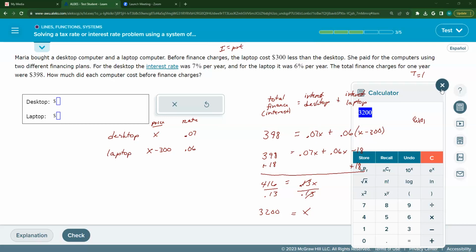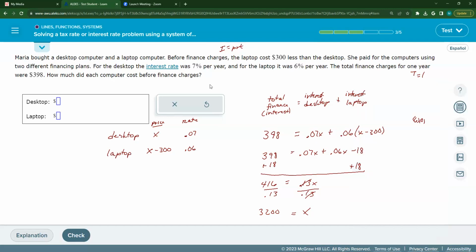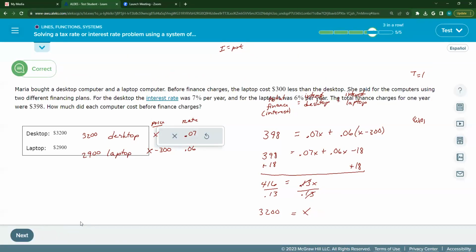And then I'm going to get rid of this just so it's out of the way. All right, so when I'm looking at it, X was the desktop, so this is 3,200. And then $300 less than that is 2,900. Type those into my problem, and I have 3,200 and 2,900. Check my answer. Hopefully I'm correct, and I am. So we're done with this topic.